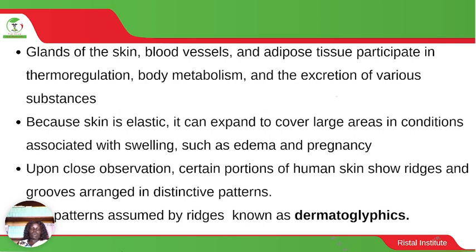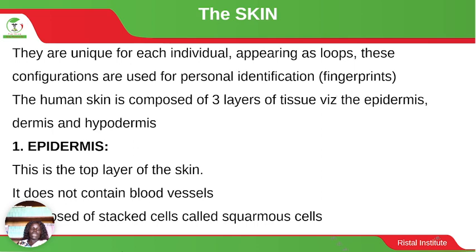So upon close observation, certain portions of human skin show ridges and grooves arranged in distinctive patterns. The patterns assumed by ridges are known as dermatoglyphics. They are unique for each individual, appearing as loops.